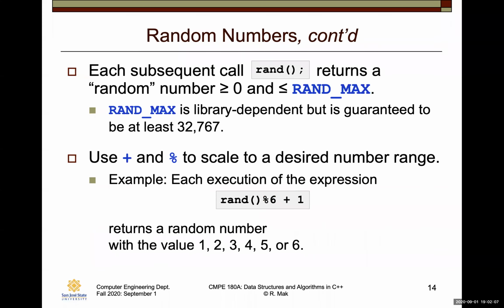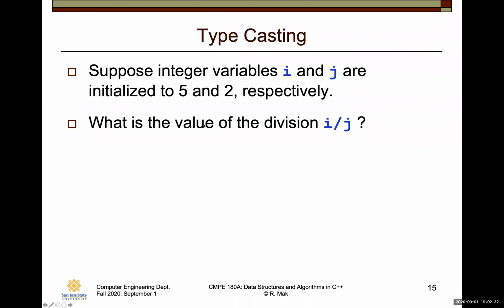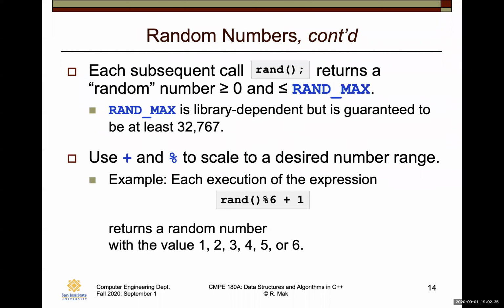That random number will be greater than or equal to 0, but less than or equal to a value named RAND_MAX. And RAND_MAX is library dependent, depends on what C++ library you're using, but it's guaranteed to be at least 32,767. So every time you call rand, you'll get a number greater than or equal to 0 and less than or equal to this system constant RAND_MAX.